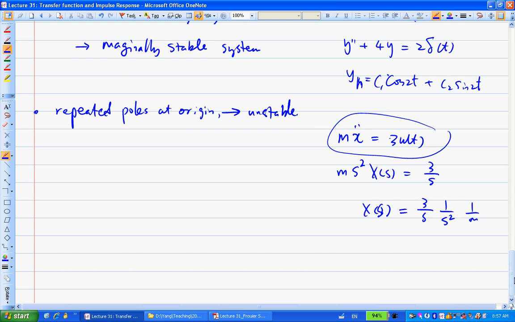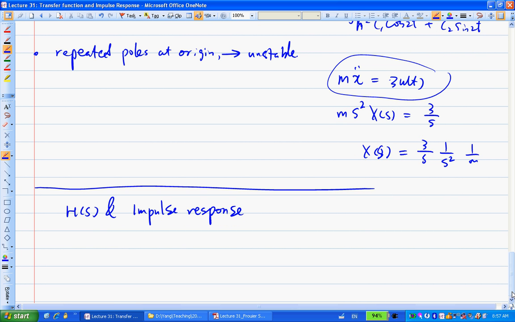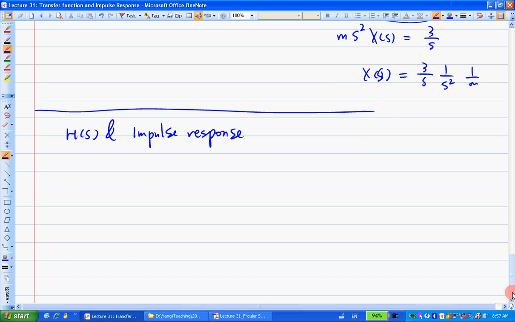Okay, good. Now let's talk about the connection between H(s) and the impulse response. Here we're connecting the dots. If you remember, the definition of the impulse response is very simple.